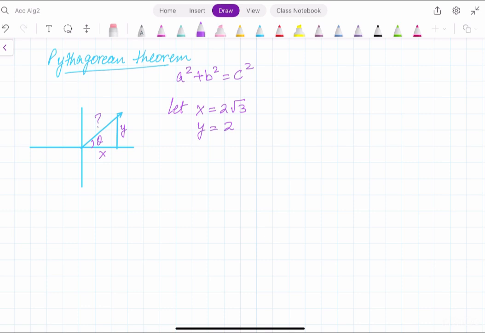I need to calculate the hypotenuse. So what we will do, we will use the Pythagorean theorem. So (2 radical 3) squared plus 2 squared, and that will be equal to the hypotenuse. So I label the hypotenuse as a question mark because that is the unknown.